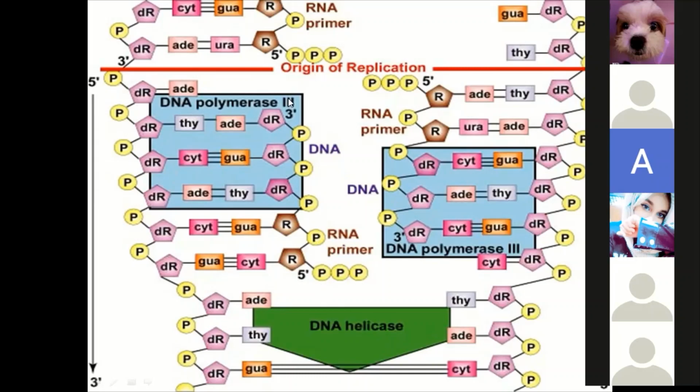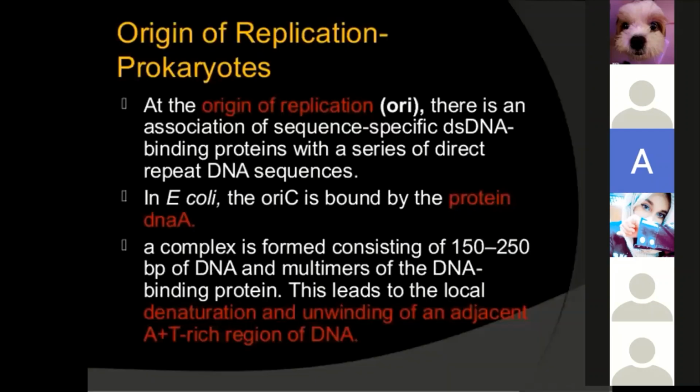The strand always moves from 5' to 3', always added in this direction. So DNA polymerase always has a nucleophilic attack at the 3' position. That's why the chain always grows in the 3' direction. Then, the origin of replication.